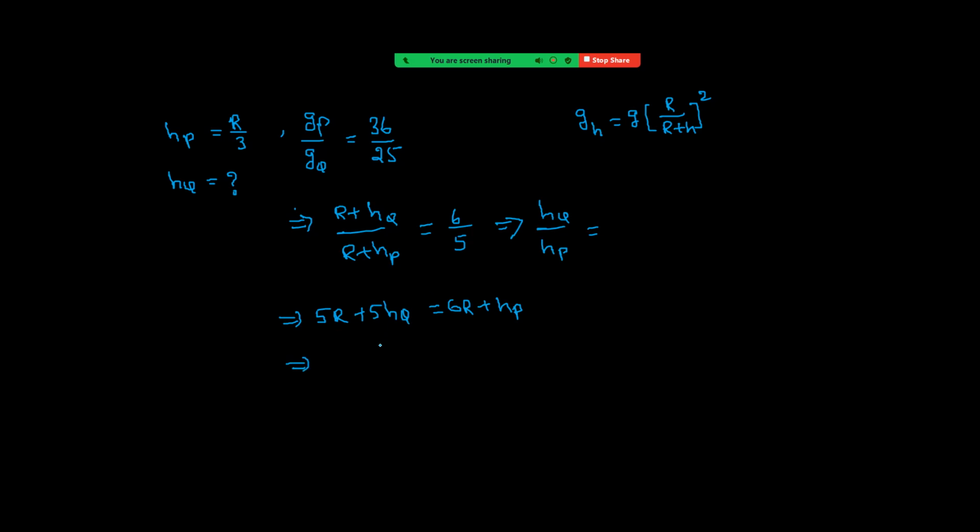That implies 5HQ is equal to 6R minus 5R, that is R, plus HP value given R by 3. That is now 3 plus 1, 4. 4R by 3. That implies HQ value.